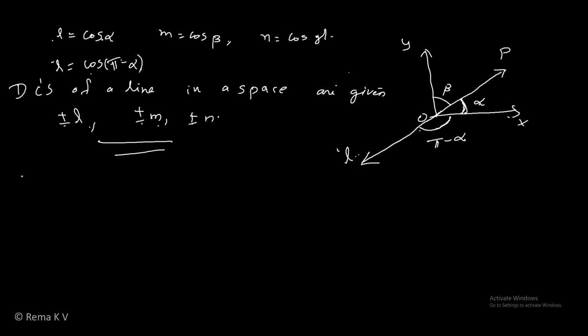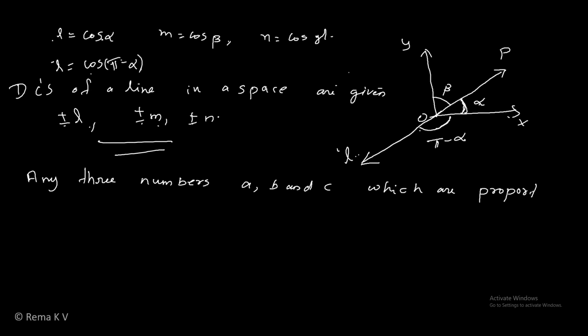And now the next: any three numbers a, b and c which are proportional to l, m and n are called the direction ratios of the line.